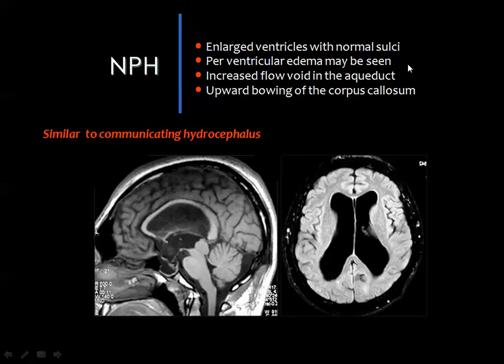If it is seen, this means that there is some increase in the intraventricular pressure, and this may guide the surgeon to put a shunt tube, where the patient will benefit from this shunt tube. Then increased flow within the aqueduct can be easily appreciated in MR images.